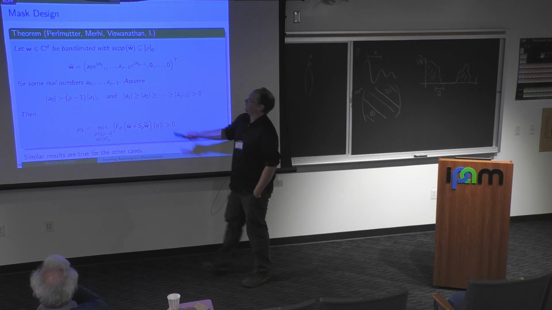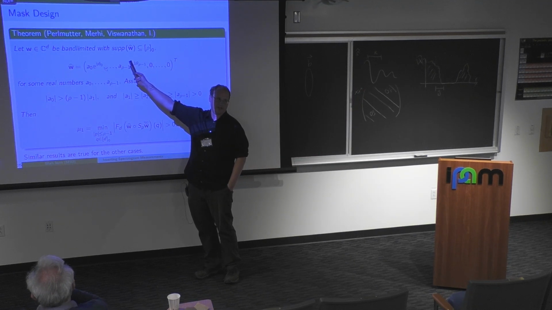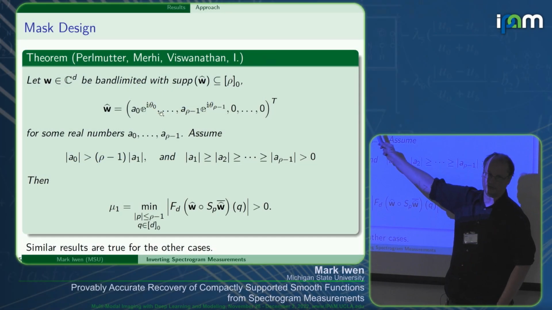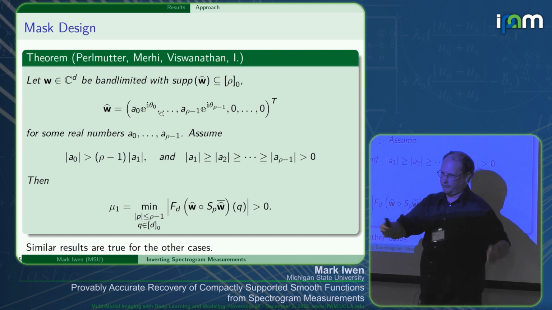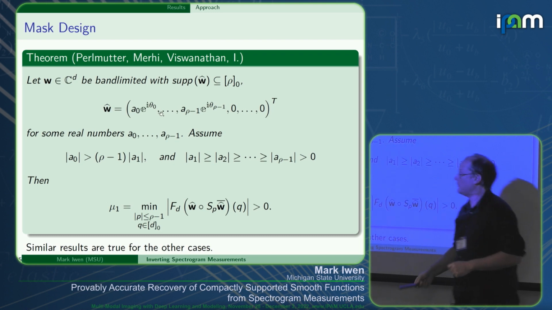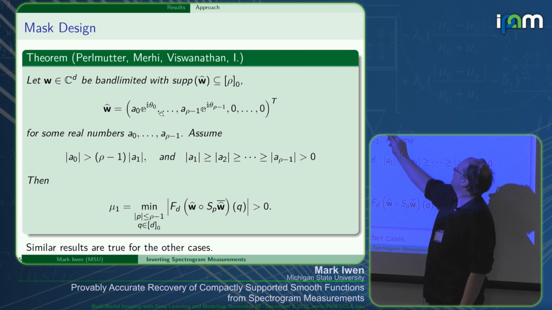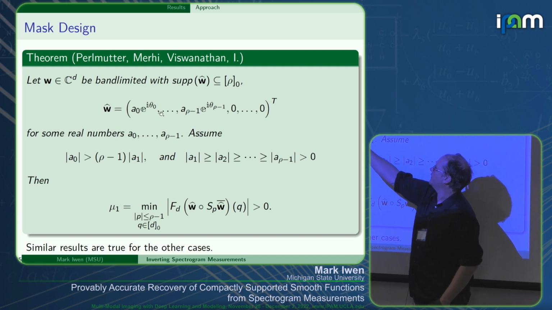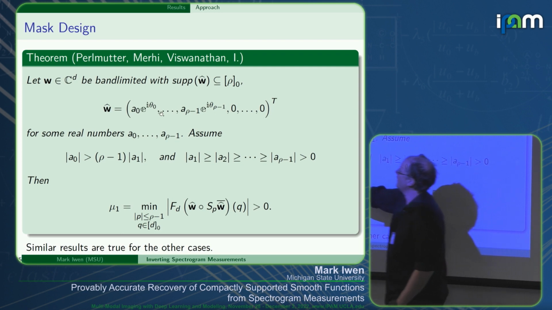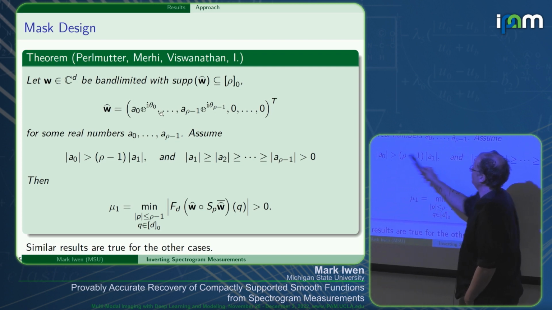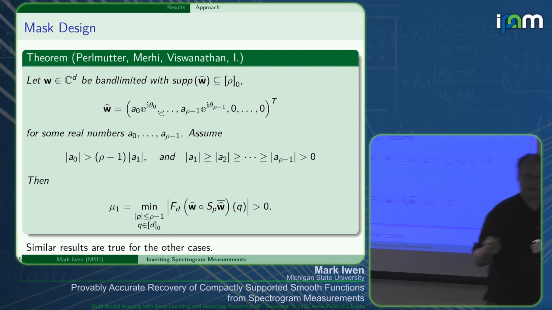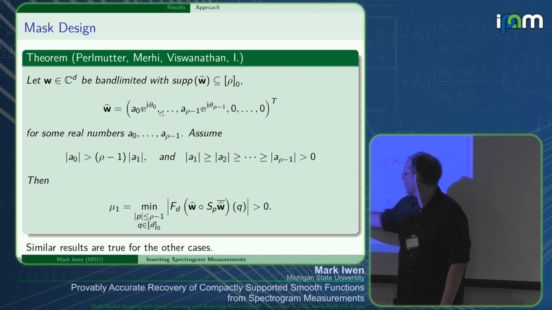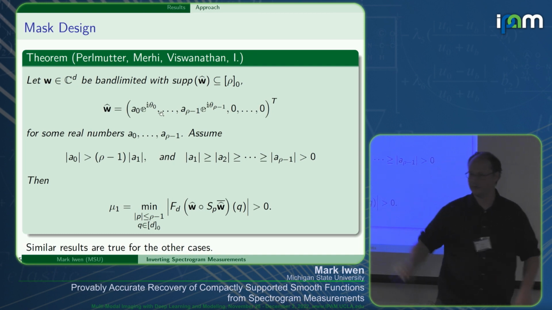For the sake of proving that there exist windows which are nice, you can construct them. Here's a sort of easy construction. I can take one of these trigonometric polynomial type masks and just dictate what its Fourier transform is using some quantities that are sufficiently large in the first entry compared to the other entries, and then prove that that means that this mu1 parameter that says you're good is going to be non-zero.